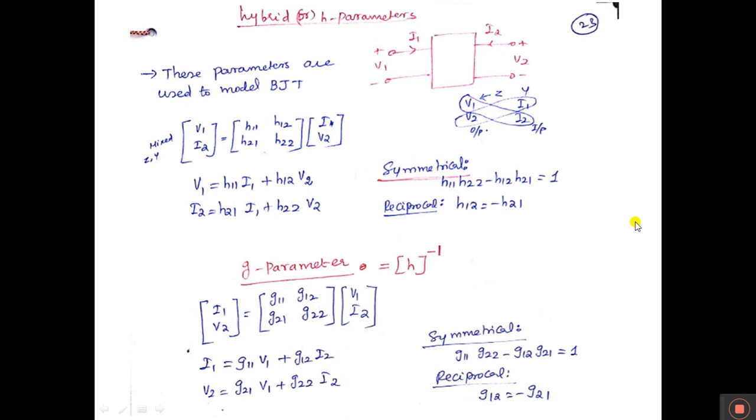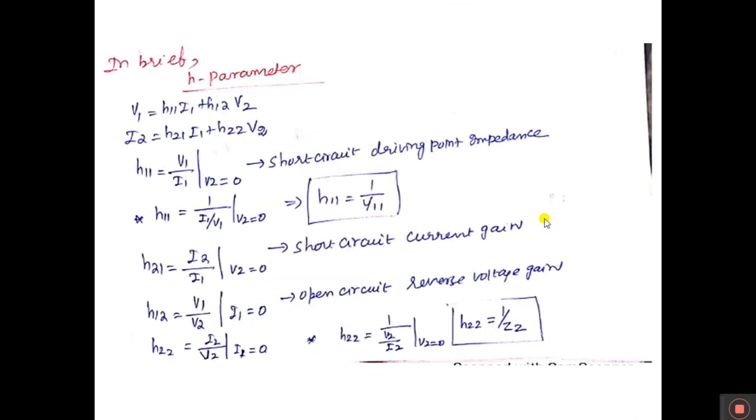In the university exam, they will ask the question for 2 marks, maybe in the university model exam. Very important is the symmetrical and reciprocal condition. In the previous video, I gave the symmetrical and reciprocal conditions for all the parameters. You verify that also. Very important 2 mark question. Right, we go in depth on the H parameter. So this is the equation for the H parameter.